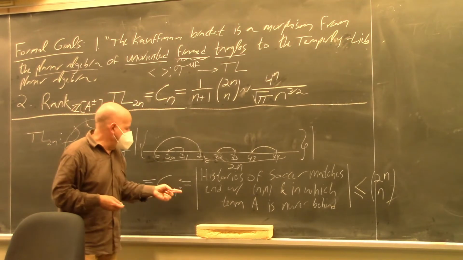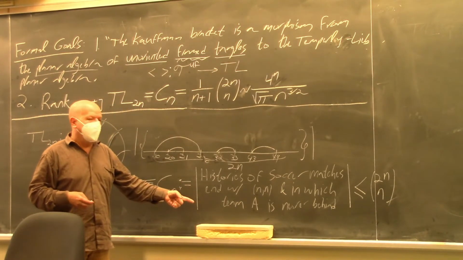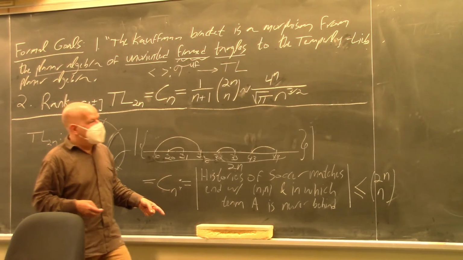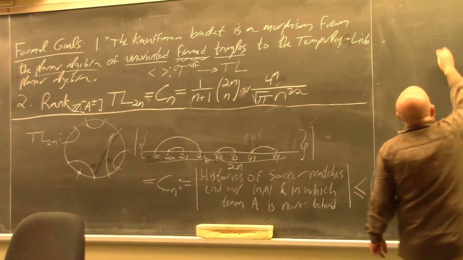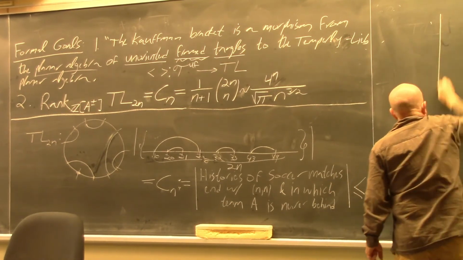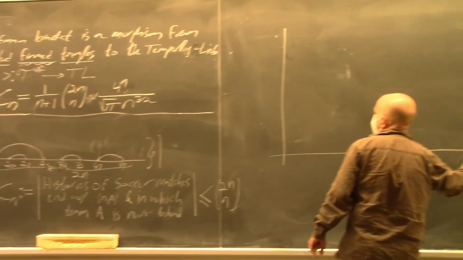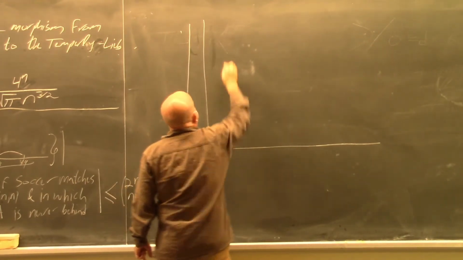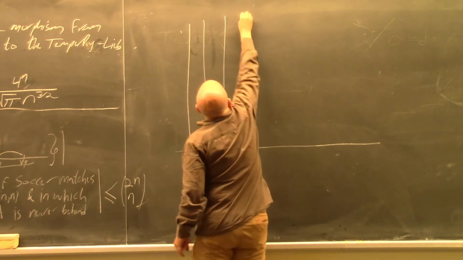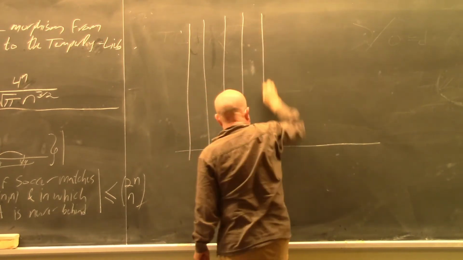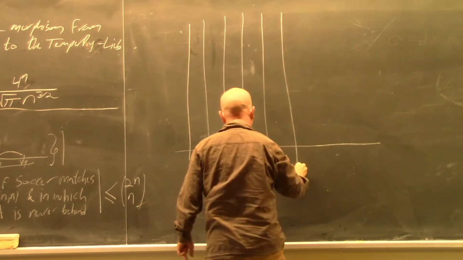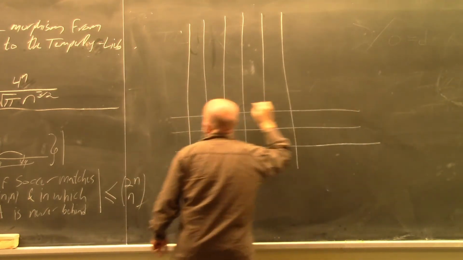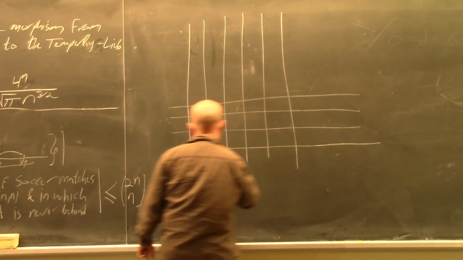So this actually gives us a very easy way of computing the Catalan numbers. Namely, let's draw it like this. Here is a table, and let's start this table with 0.